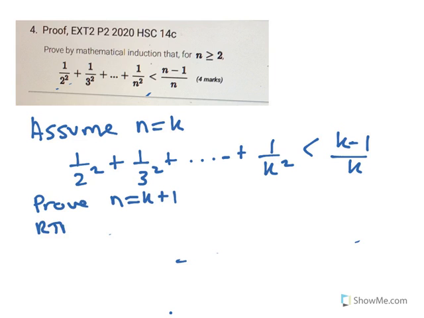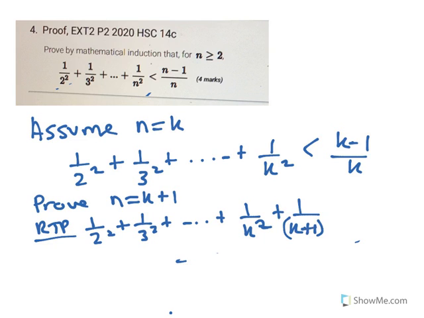So you're required to prove that 1 on 2 squared plus 1 on 3 squared plus 1 on k squared plus 1 on k plus 1 squared is less than. Now if you put a k plus 1 in place of that k, let's say k plus 1 minus 1, that's this one, all over k plus 1. So they cancel, so it's k on k plus 1. That's what you're trying to show, that it's less.